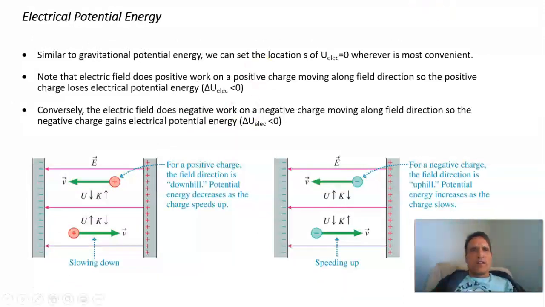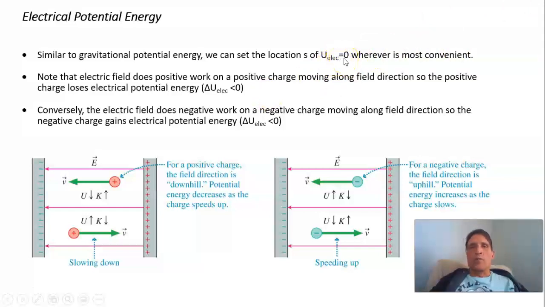So similar to the gravitational potential, we can set S, the location where the electric potential equals zero, wherever is most convenient, right? Just like gravitational potential, only the changes matter. And so we can call wherever we want zero.